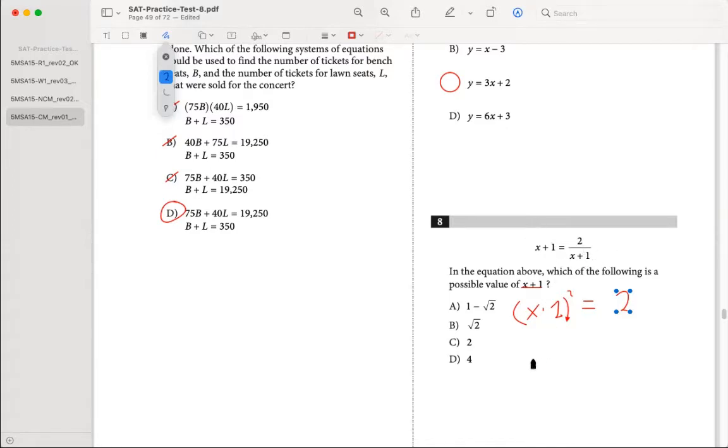Let me check chat. Is it B? Okay, so x plus 1 whole squared should get you x squared plus, let me write this out because it's hard to write it with the mouse. X.